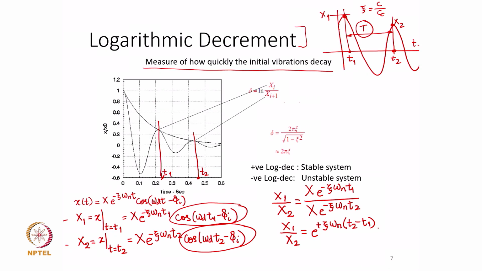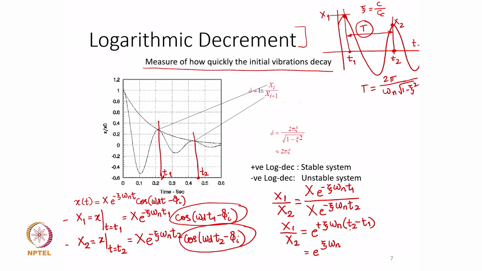So, the same expression I can write as e to the power zeta omega n capital T, and we know that this capital T is 2 pi over omega n square root of 1 minus zeta square. It is 2 pi by omega d. Omega d is the damped natural frequency, we know that it has an expression of omega n square root of 1 minus zeta square.